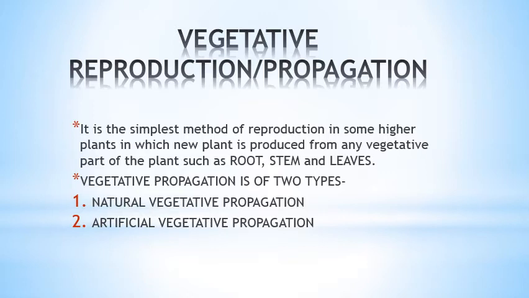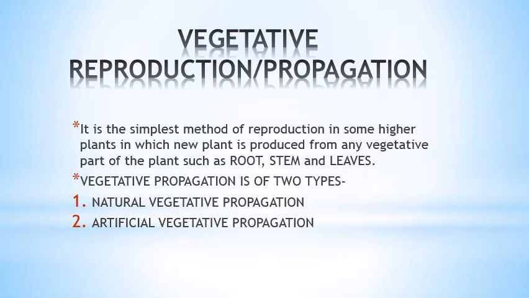For example, what is carrot? Carrot is an edible root. What is potato? Potato is an edible stem. What is spinach, that is palak? Palak is edible leaves. So they are reproduced from the roots, stems and leaves in the natural method. Such type of reproduction is known as natural vegetative reproduction.